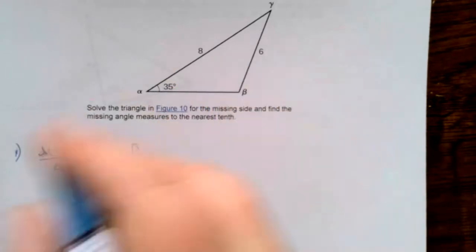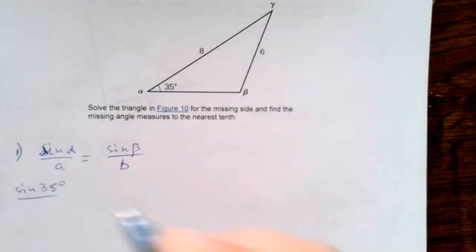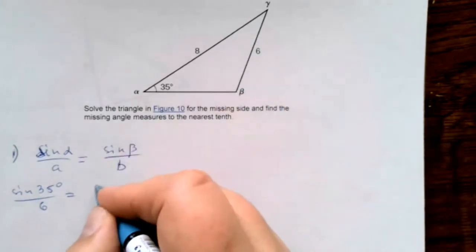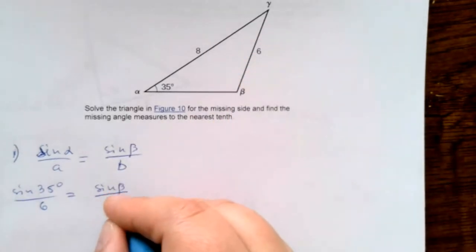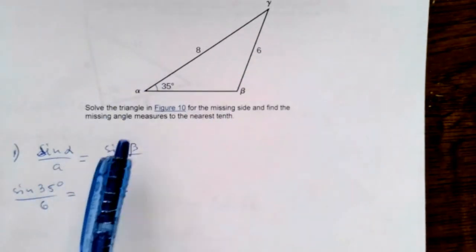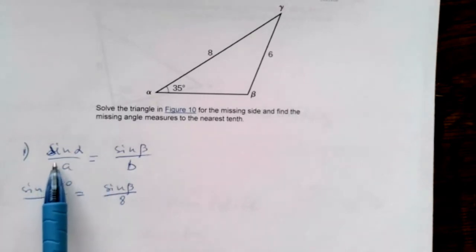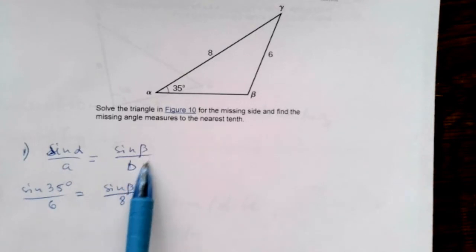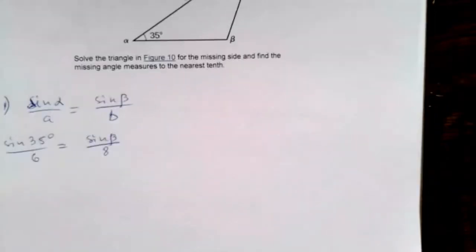That translates into the sine of 35 degrees over 6 equals sine beta, which we don't know, over side B. Again, I'm choosing the ratio where I know 3 of the components out of 4. For this ratio, I need sine alpha, A, sine beta, B. Out of these 4, I have to know 3 in order to solve for the 4th one.